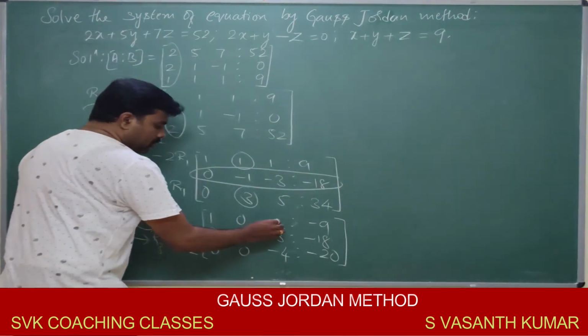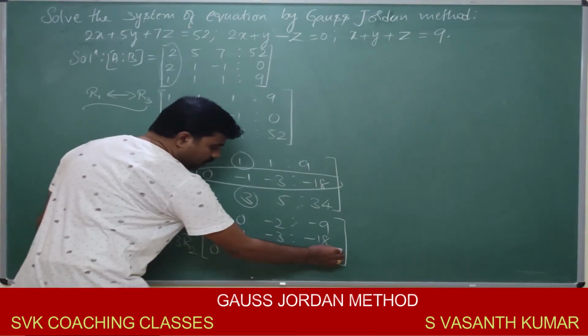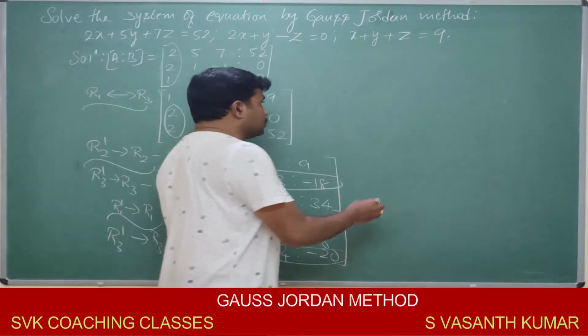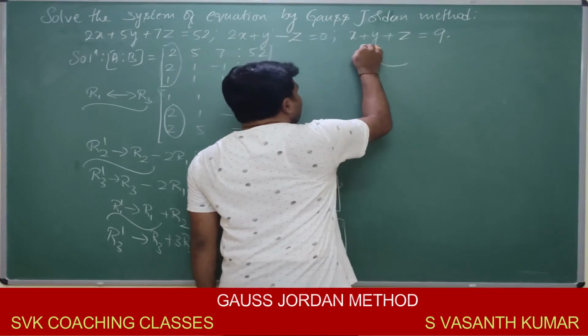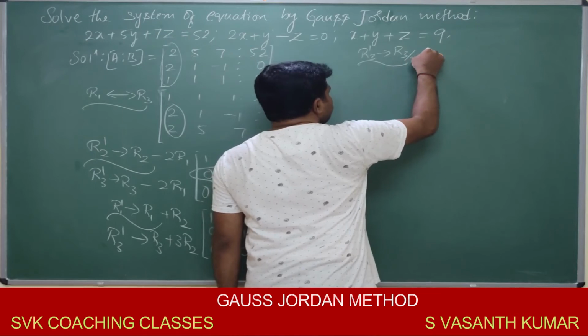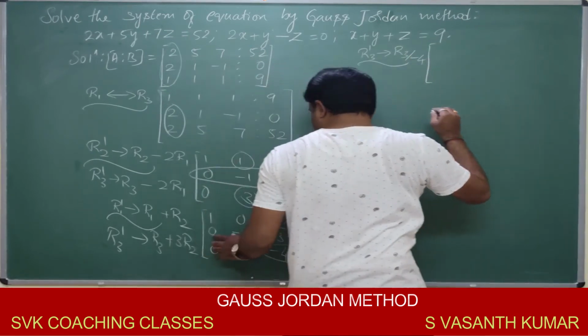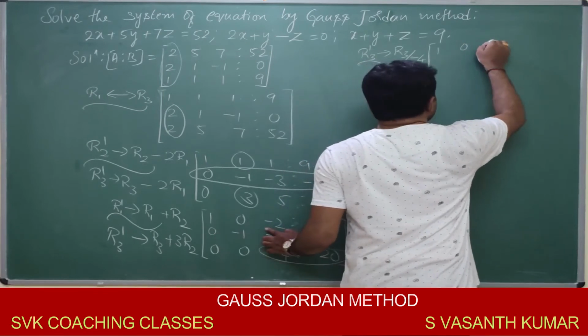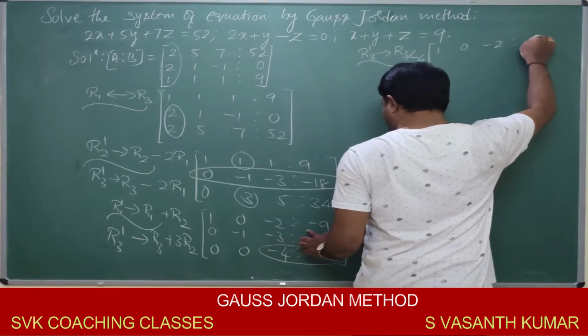Now make sure we have a common multiple here. You can divide R3 by minus 4. So R3 dash changes to R3 by minus 4. Therefore I get the values 1, 0, minus 2, equal to minus 9.